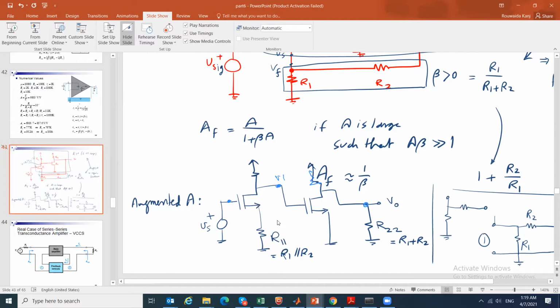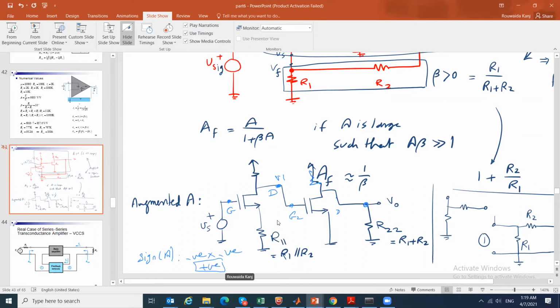Okay, now if I want to look at the sign of A, the sign of A from gate to drain is negative, and again, this is G2 to D2, it is negative, so the sign of A is positive.